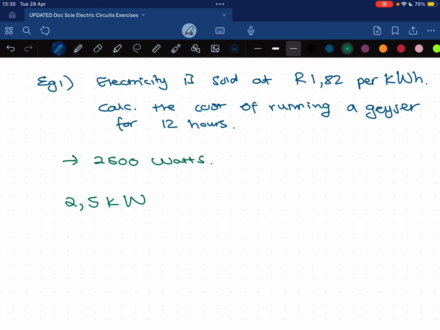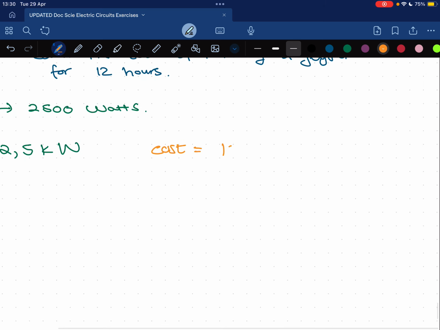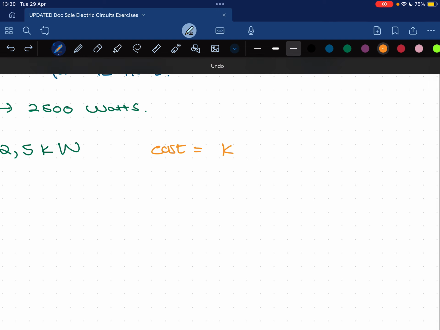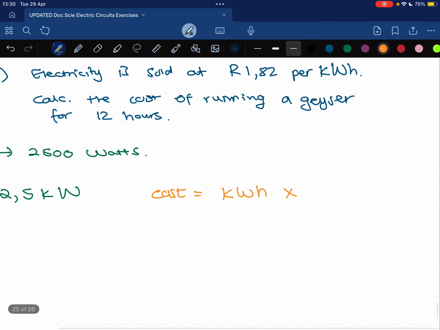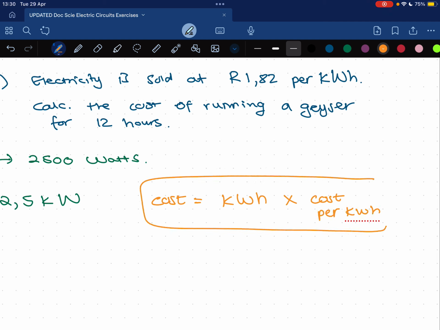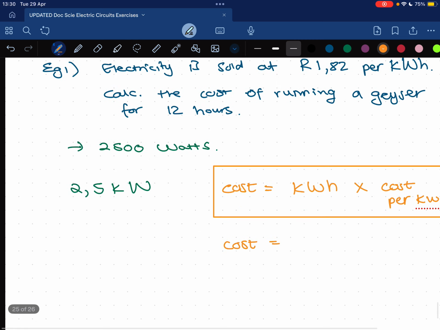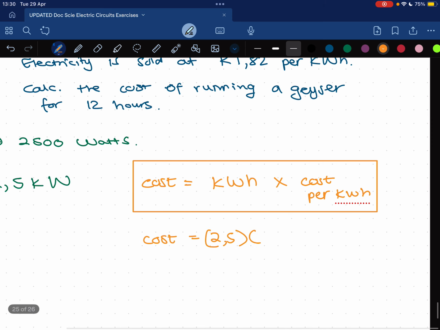So if I'm trying to work out the cost, then the cost is equal to the kilowatt hours multiplied by the cost per kilowatt hour. So I would take the kilowatts, which is 2.5 kilowatts, for the hours.